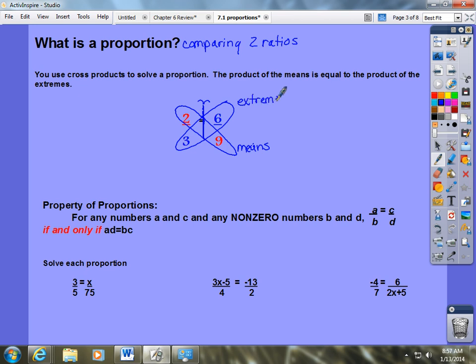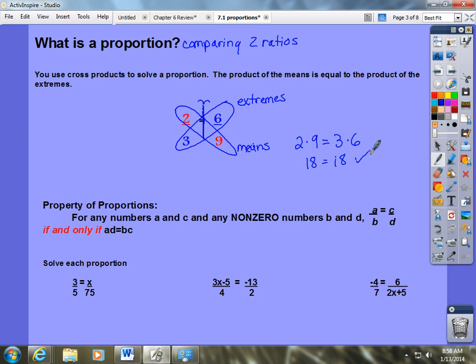To solve the proportion, you're going to take the product of the extremes equals the product of the means. So right now we've got 2 times 9, and it has to equal 3 times 6 in order for this to be a proportion. 2 times 9 is 18, and 3 times 6 is 18, so voila, we've got a good proportion there.